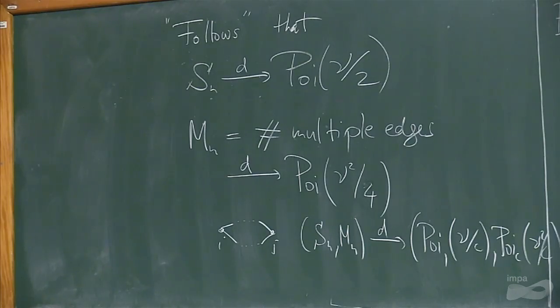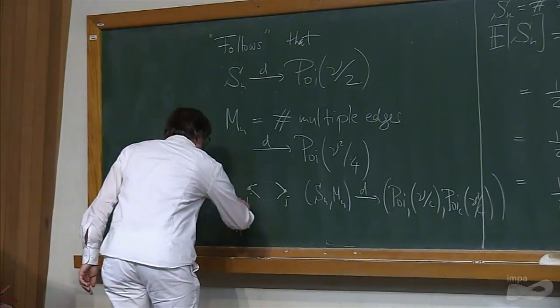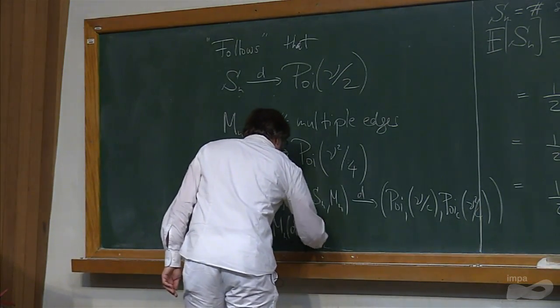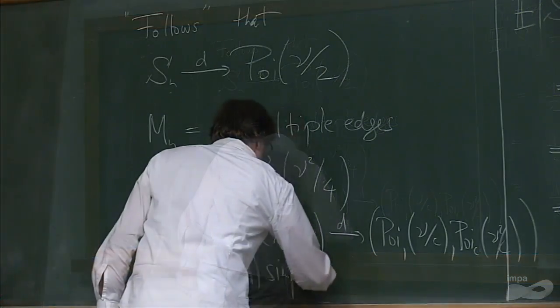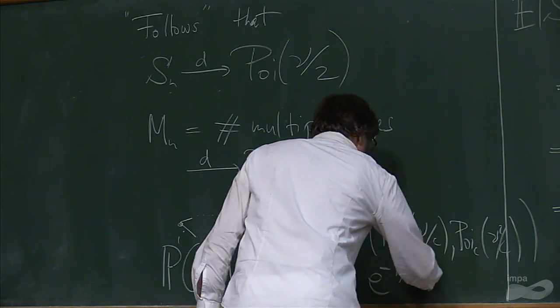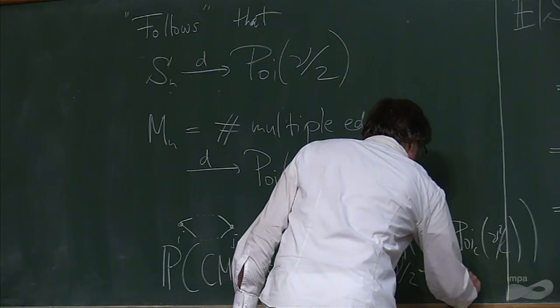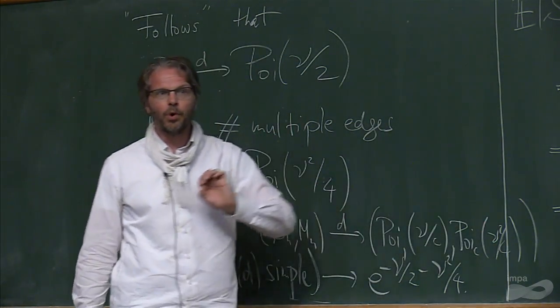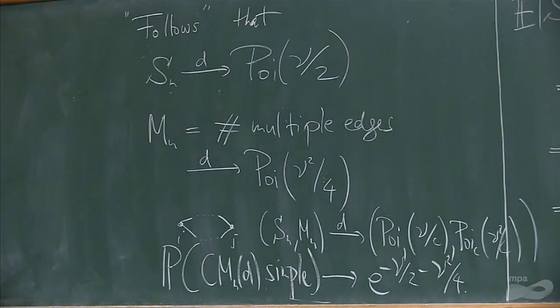So the probability that CM_n(d) is simple converges to e to the power minus nu over 2 minus nu squared over 4, which is the same thing as the probability that these two both are equal to 0 by independence.